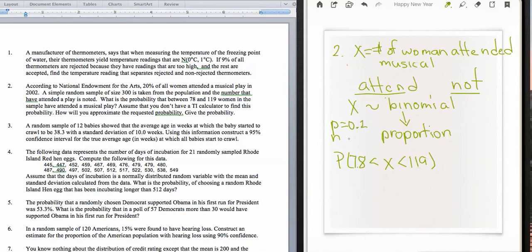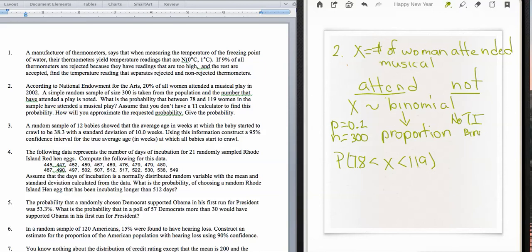We know that our N is equal to 300, and we are being asked to assume you don't have a TI calculator. Well, how is that relevant? If you don't have a TI calculator, then finding a binomial probability is pretty hard.